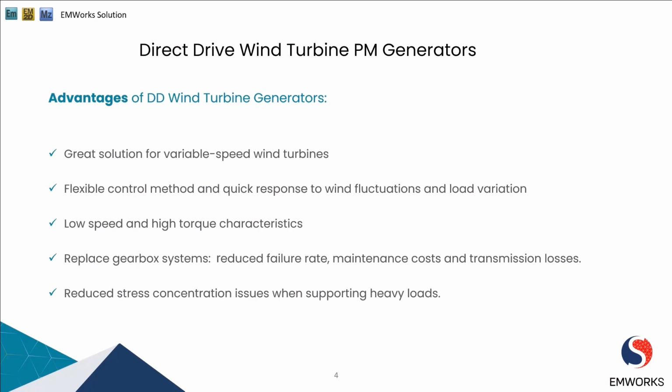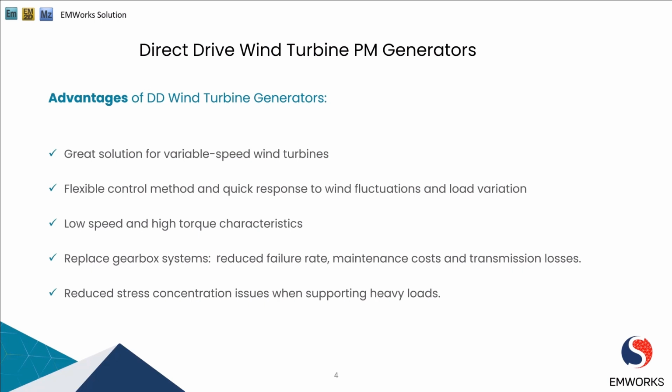Direct drive systems provide a flexible control method, ensuring a rapid response to wind fluctuations and load variations. This adaptability is vital for maintaining stable power generation and grid integration, especially in unpredictable weather conditions.